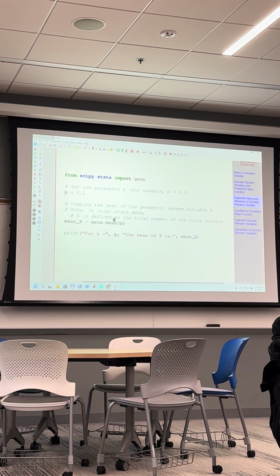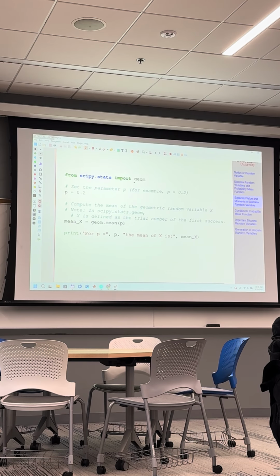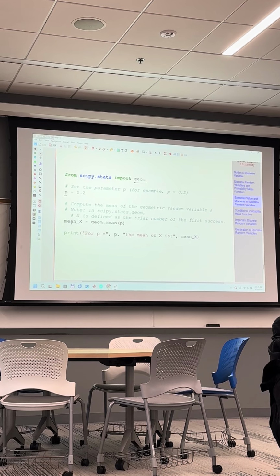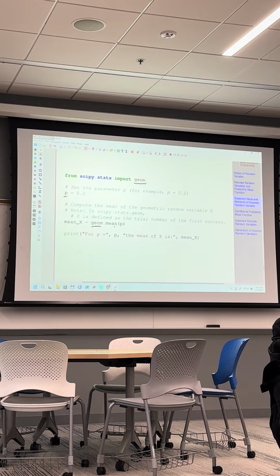Here, you see a piece of Python code. You can import from the SciPy statistics package, you can import geom directly. And this is the success probability p equals 0.2. Now, you can directly determine the mean of a geometric random variable using geom.mean, and this is your p, your success probability.